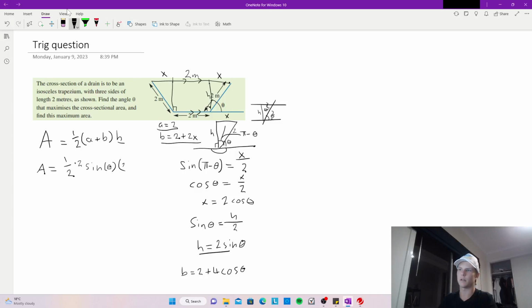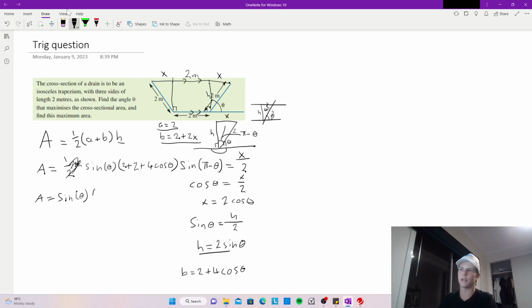We know a is equal to 2, and then plus b, which is equal to 2 plus 4 cos theta. Alright, we'll further simplify this. This 1/2 and this 2 will cancel out and just become 1. So therefore we'll have sine theta.